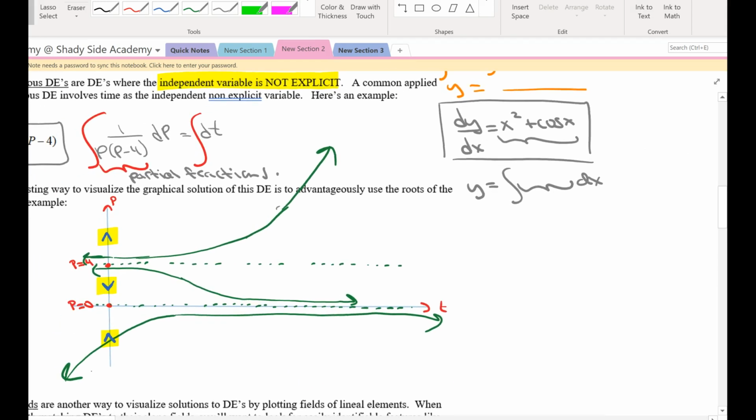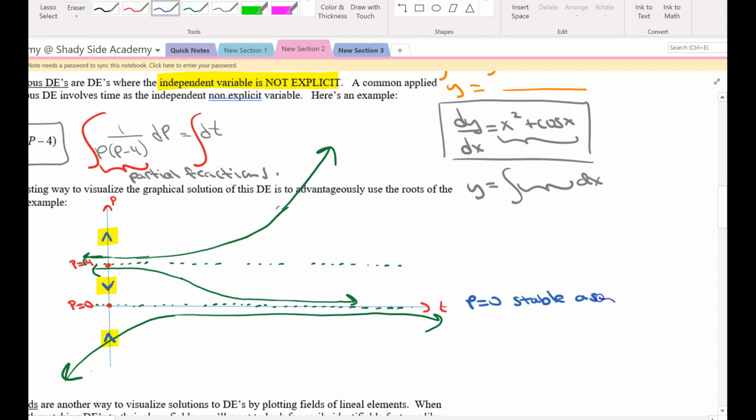Some keen vocabulary, if you're into that kind of thing, is this horizontal asymptote, because this picture has two asymptotes, right? And if you look at this function from left to right, or as time elapses, this p equals 0 is called a stable asymptote.